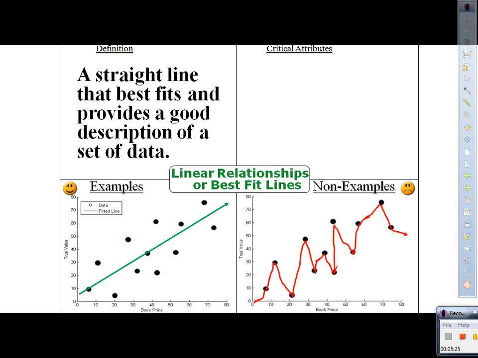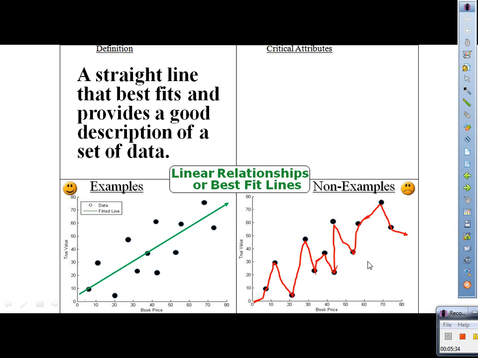Okay, tell your neighbor why that one's not a best fit line. Two things that you should know about that one, why it's not a best fit line. Number one, go ahead, Angie. It's not straight. That's one thing. What's another thing? Tanner.